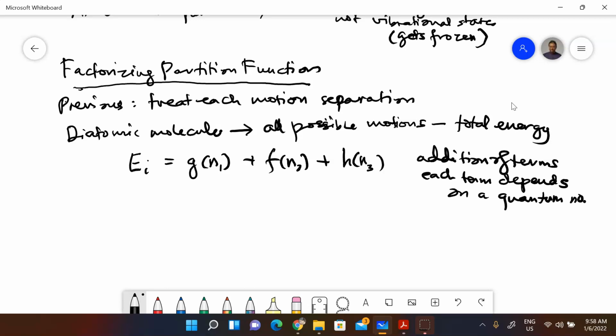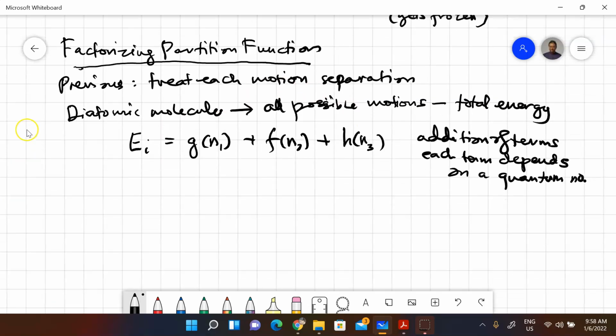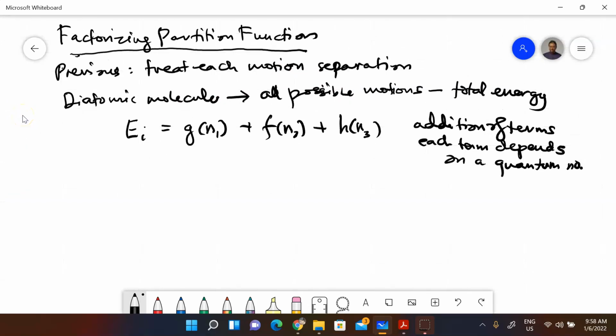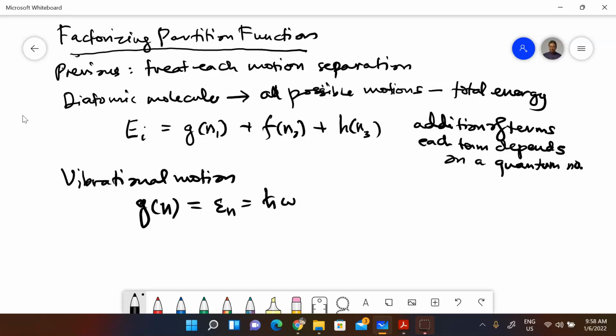So let's make this specific by concentrating on diatomic molecules. We had the vibration motion previously, which is approximated by the harmonic oscillator. So the first term is given by the energy levels of the harmonic oscillator, n plus a half.